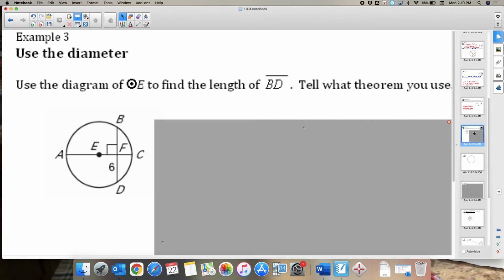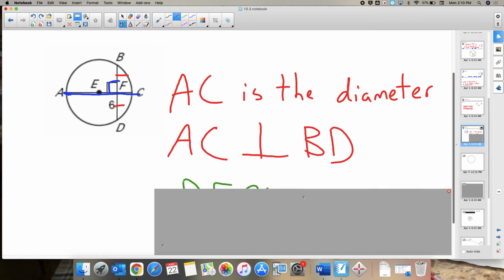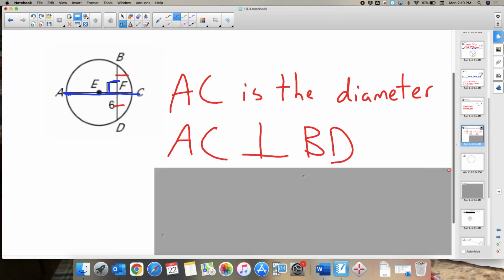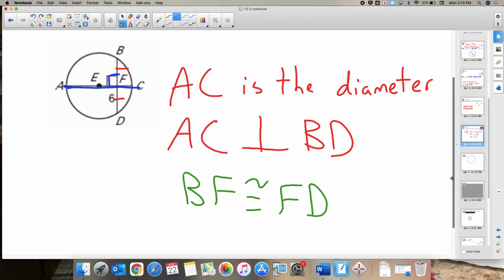So here we have the diameter AC being perpendicular to our chord. If you are perpendicular to your chord, you will bisect that chord. Since AC is the diameter, and it is perpendicular to BD, then BF and FD will have to be congruent.